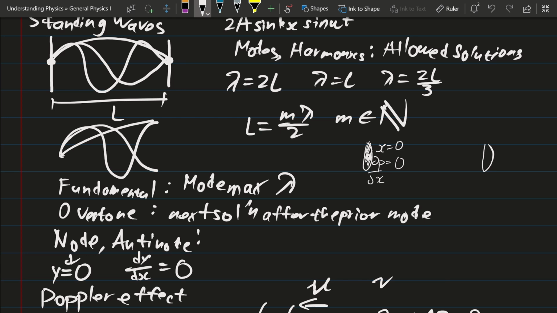While for an open end, let's just call u to be y, the partial y over the partial x will be zero, while the p will be the standard pressure, which will be P0. So that's the atmospheric pressure.